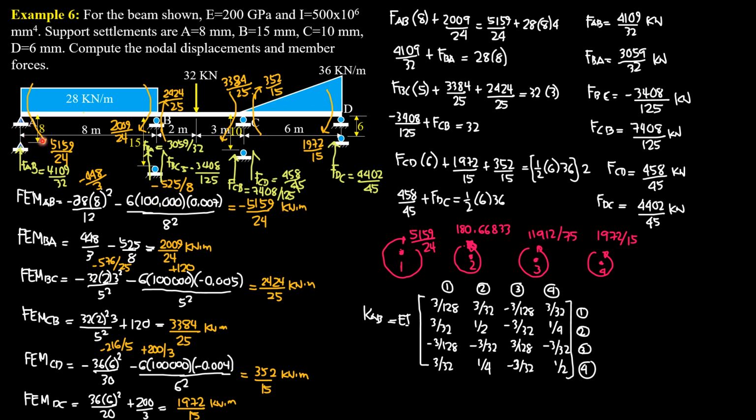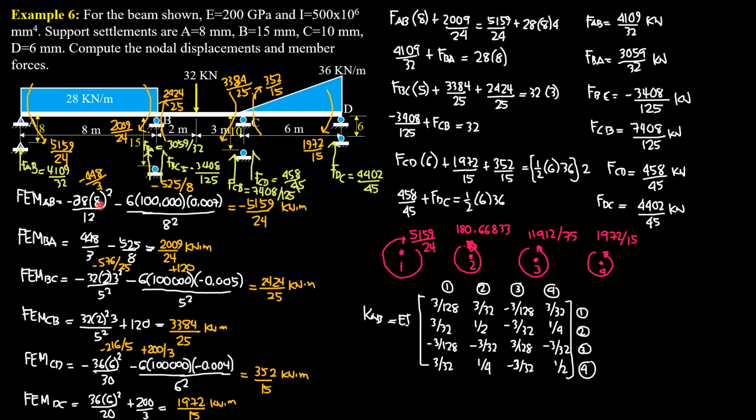The difference between 8 mm and 15 mm is 7 mm, and the rotation of the chord is clockwise, so that's why 0.007 or 7 mm is treated positive here, because the rotation of horizontal chord AB is clockwise. So 7 mm or 0.007 meter is treated positive in the formula. So negative 6 times 100,000 times 0.007 over 8 squared.